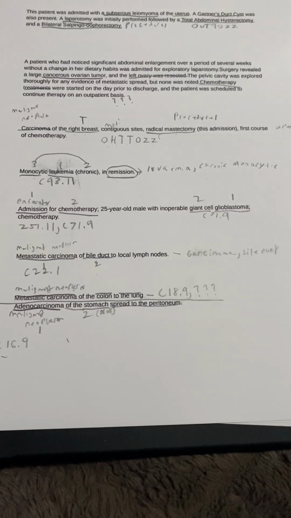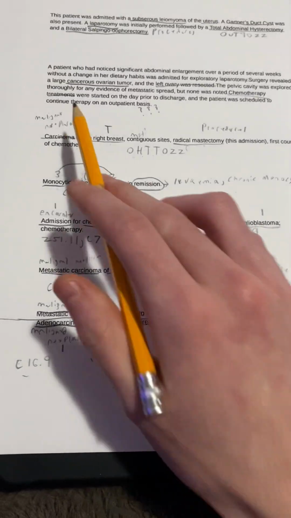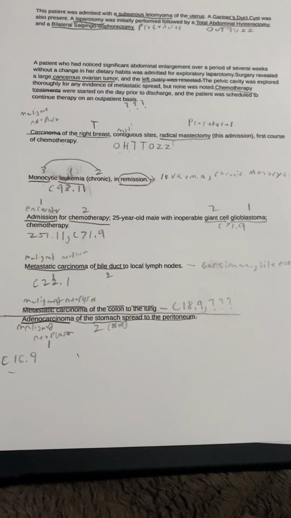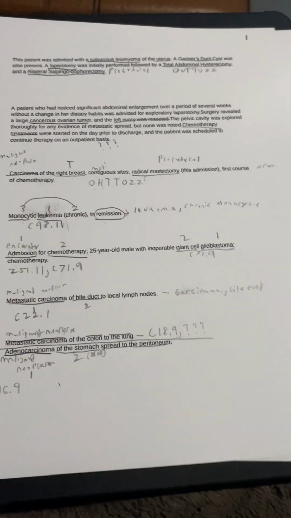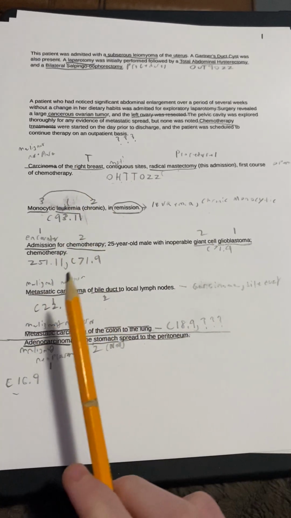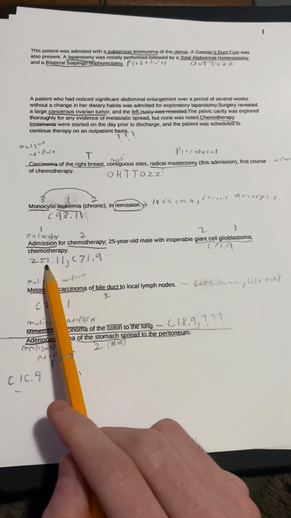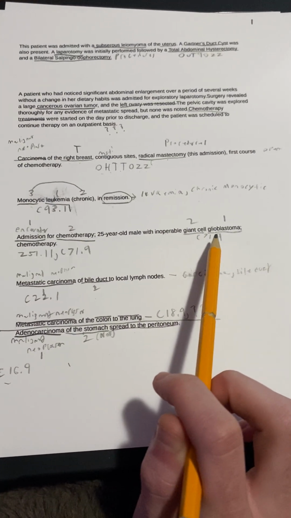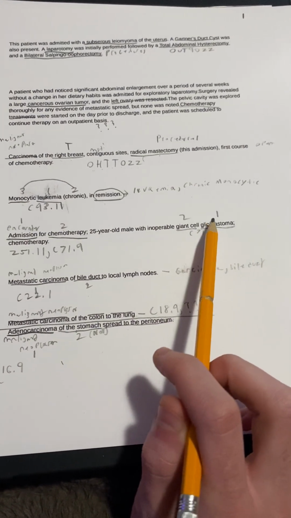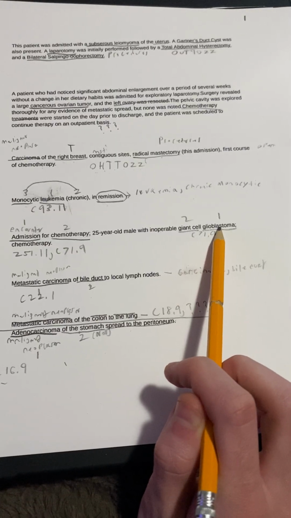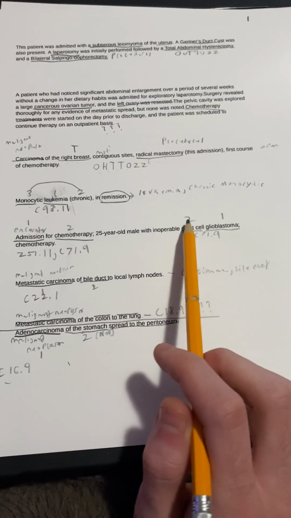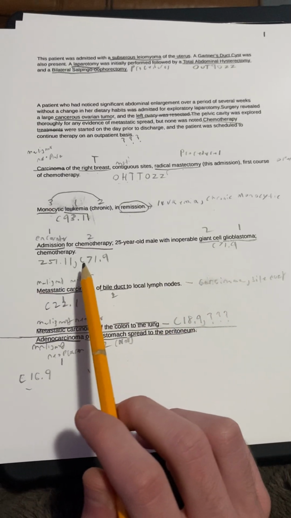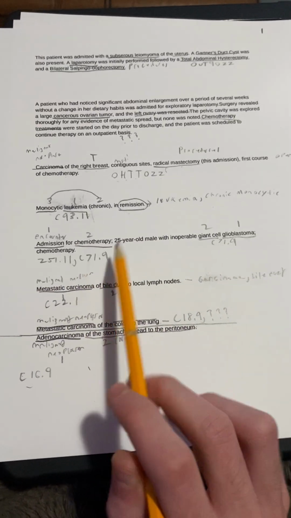Yes, we put the admission for chemotherapy, which is encounter for chemotherapy, which went out to Z51.11, and then the giant cell glioblastoma. So you first code blastoma, and then I put a comma, and then giant, which ended up going to giant cell, which ended up with C71.9.